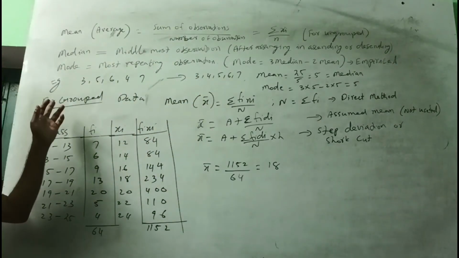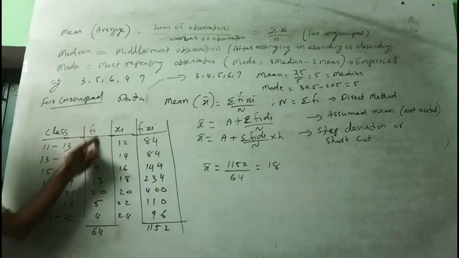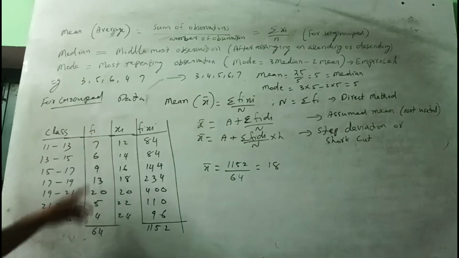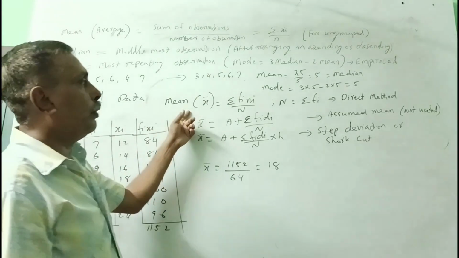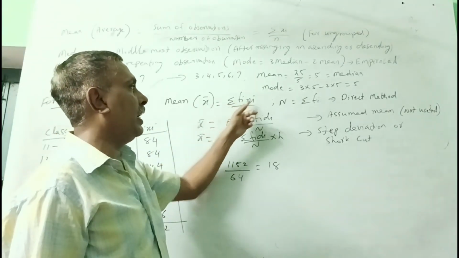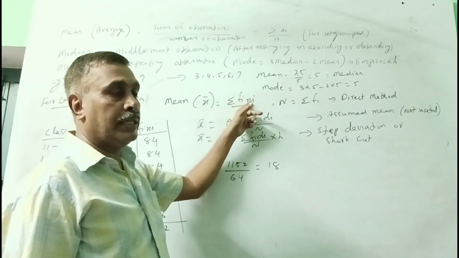Now, for grouped data, meaning when frequencies or class intervals are there. If frequencies are given, frequency means repetition of some observations, then we use the frequency. The mean can be obtained by the formula sigma fi xi divided by n, the sum of fi times xi. Xi means the mid values.